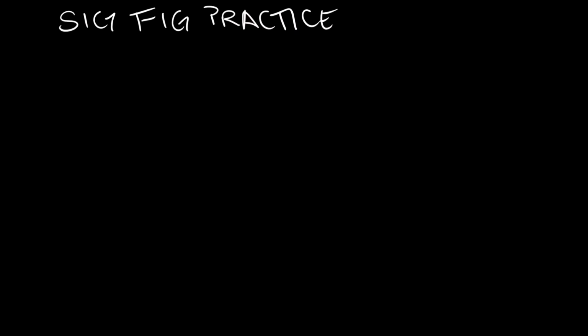When first learning sig figs, it's almost easiest to just jump in and look at some examples. So let's go ahead and look at the example 0.0500 kilometers. Well, we know that this 5, definitely a non-zero number, is going to be significant. The first 2 zeros, however, are just placeholders, so those are not going to be significant.